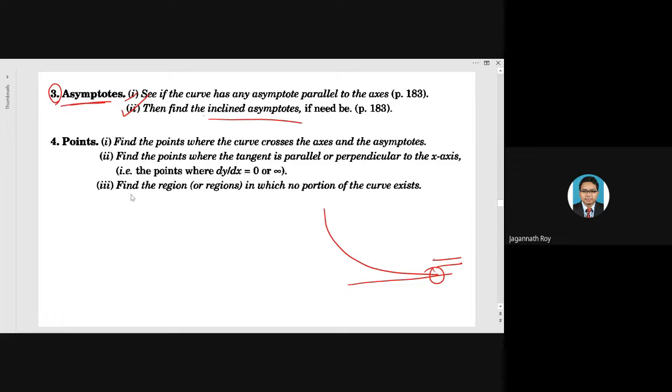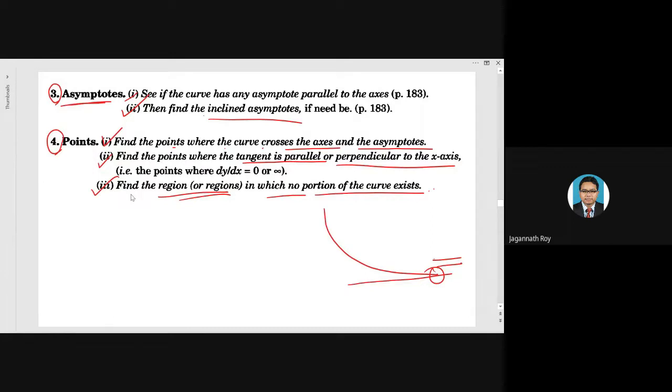That's one. Finally, we need to find the points where the curve crosses the axis and the asymptotes. We also need to find the points where the tangent is parallel and perpendicular to the x-axis. Finally, we need to understand the region in which no portion of the curve exists.